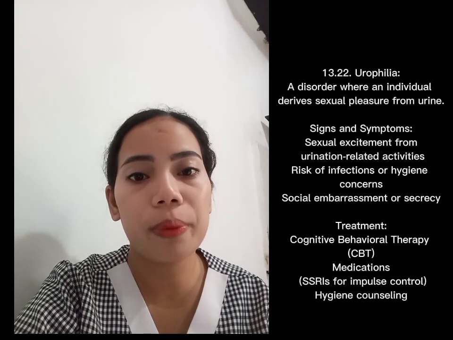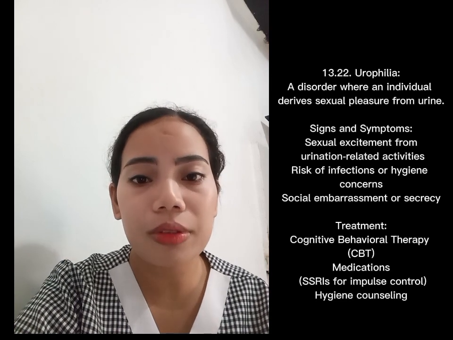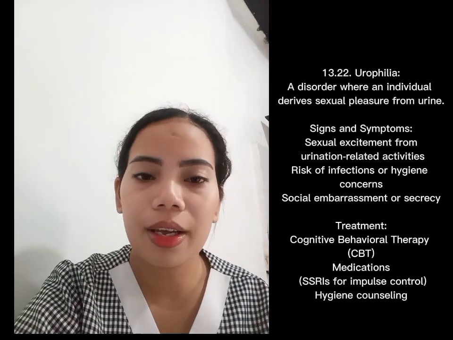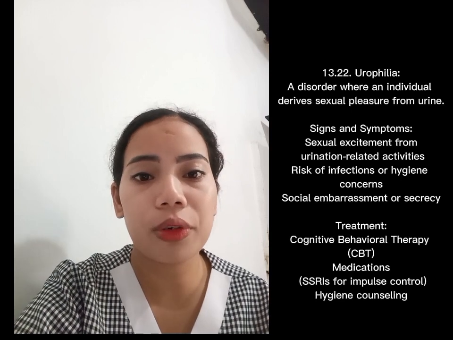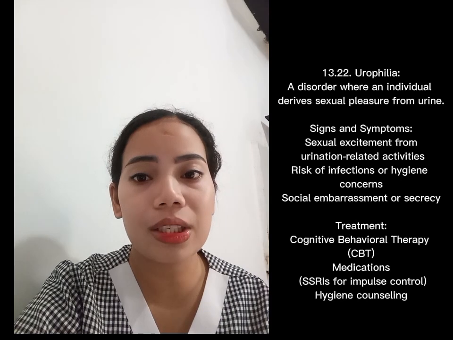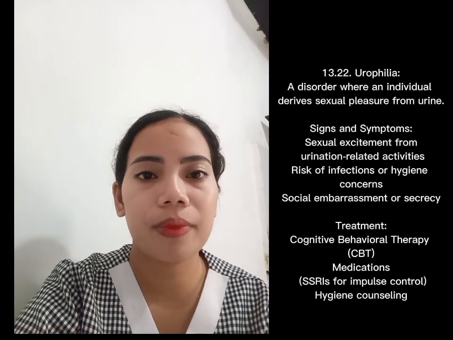Next is urophilia, which is a disorder where an individual derives sexual pleasure from urine. For the signs and symptoms: sexual excitement from urination-related activities, risk of infection or hygiene concerns, social embarrassment or secrecy.